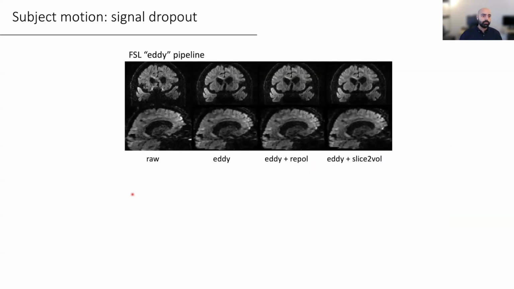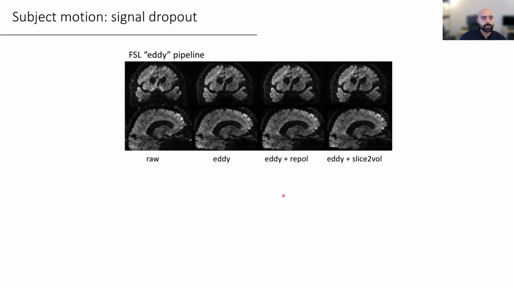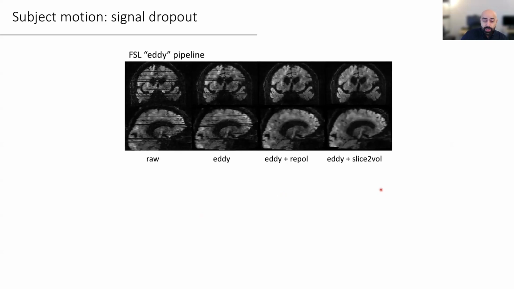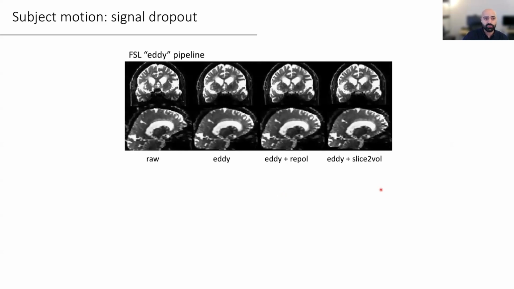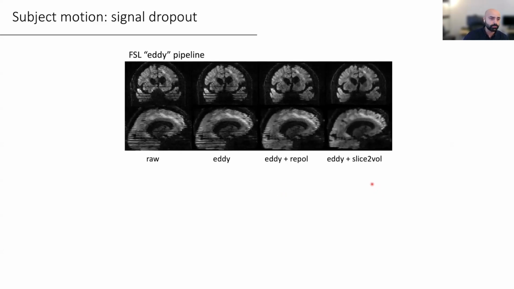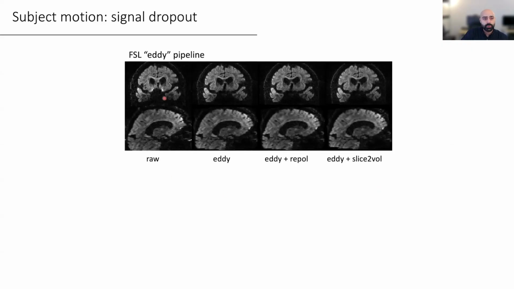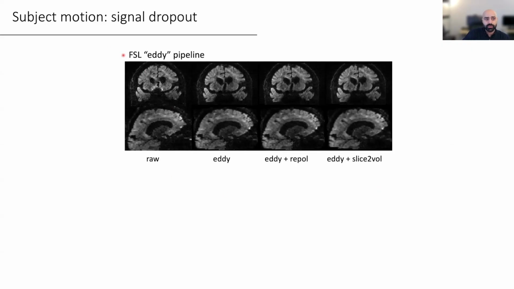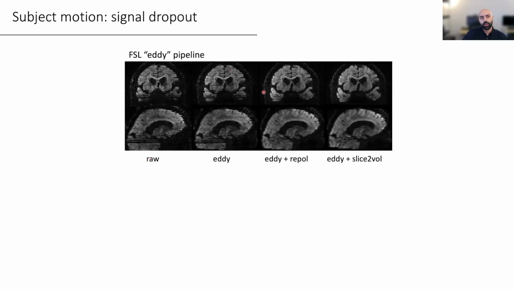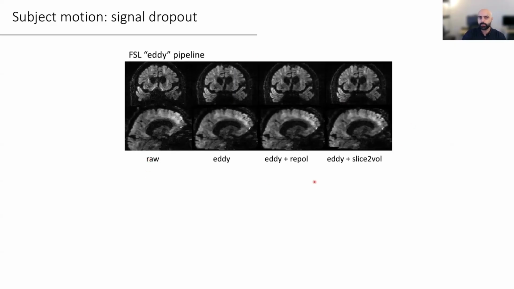And the software tools today are capable of dealing with really complex ways of correcting subject motion. This is an example animation from FSL's Eddy tool. What it's showing you is a progression where different features of the pipeline are used.